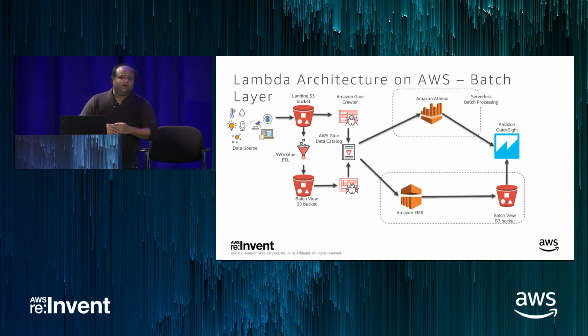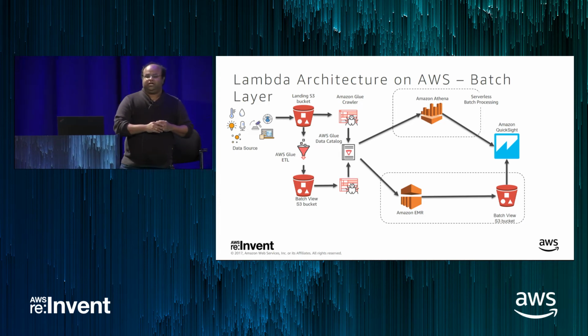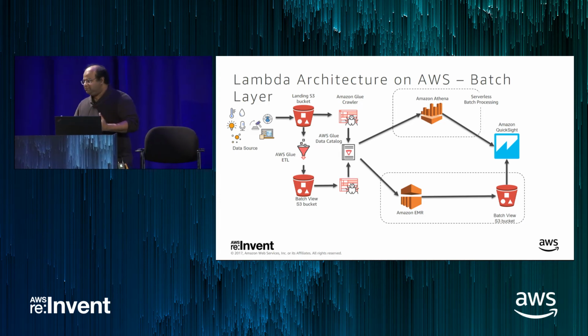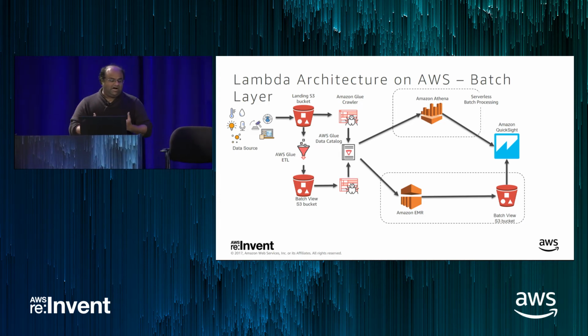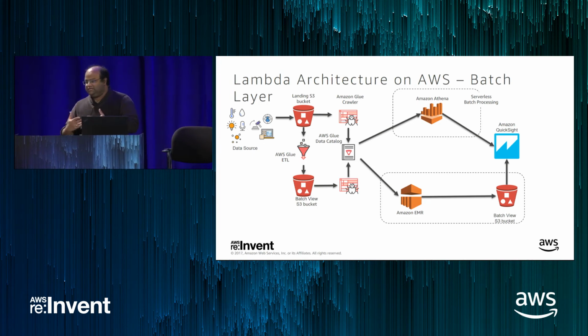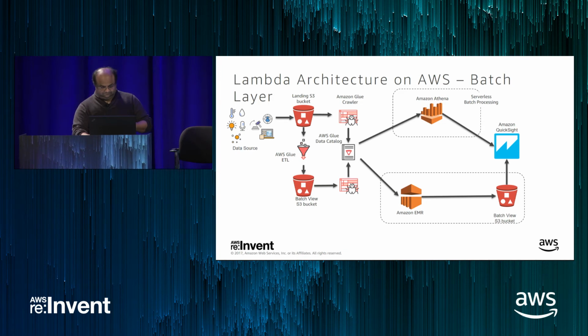The other approach is, if you already have a Spark or EMR or a Hive job, then you can refer again to the Glue metadata catalog and query using your Spark, Hive, or other jobs that you have written, and write the data to S3, and then query or visualize the data using Amazon QuickSight.